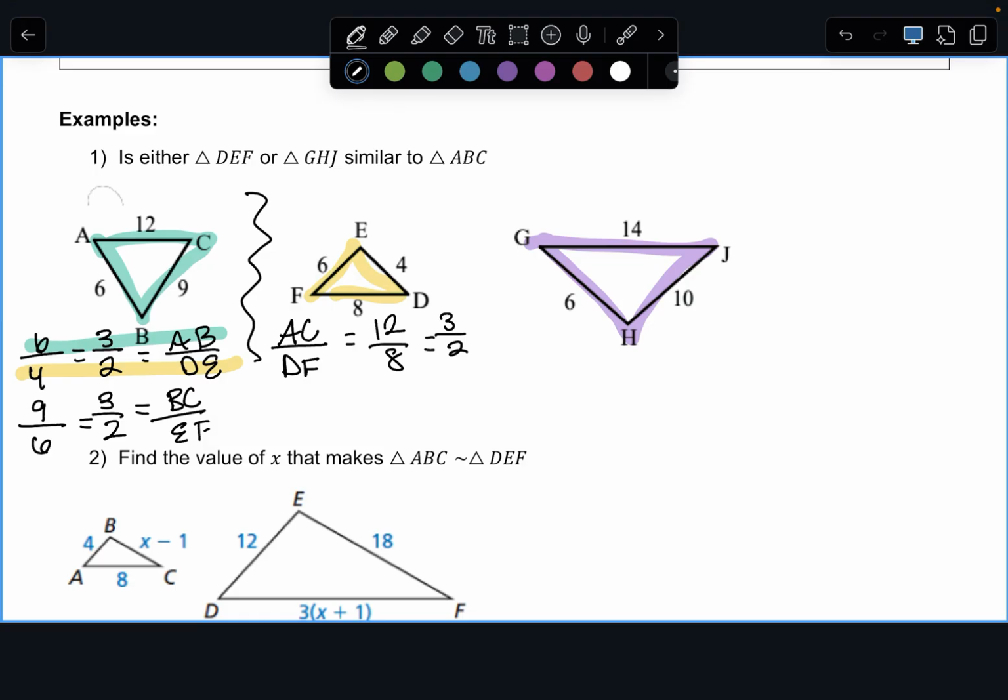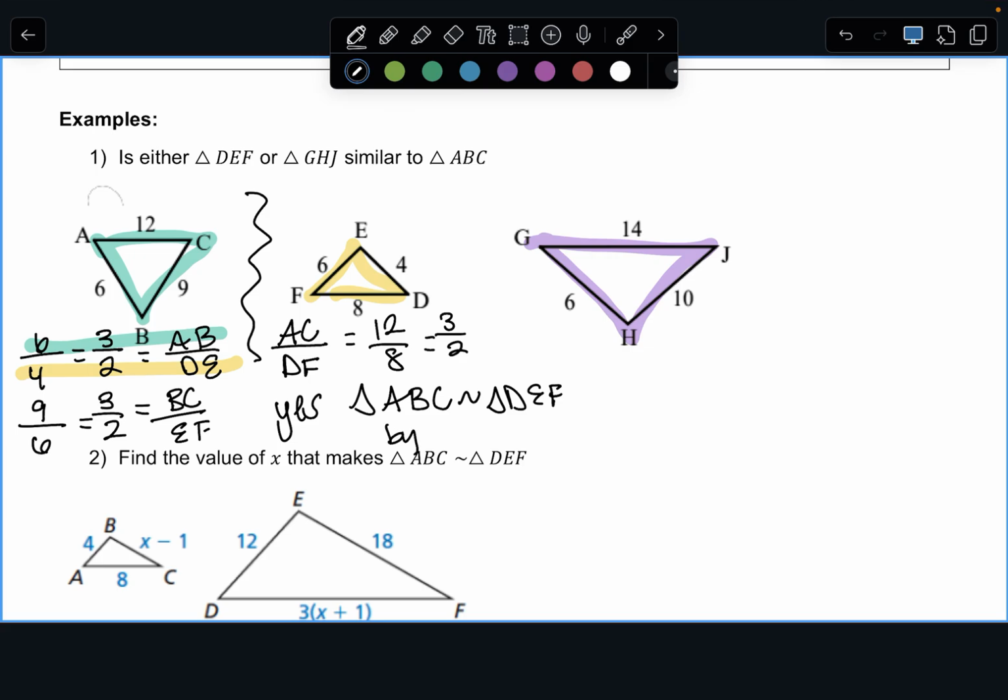So, are my corresponding sides for these 2 triangles proportional? Yeah, all those ratios were equal. So my answer here is going to be yes. Triangle ABC is similar to DEF. Again, just paying attention to the ordering. AC went with DF. And they all have to be ordered the same.